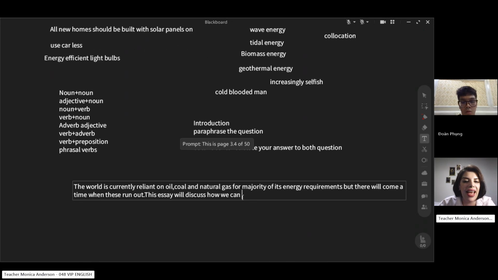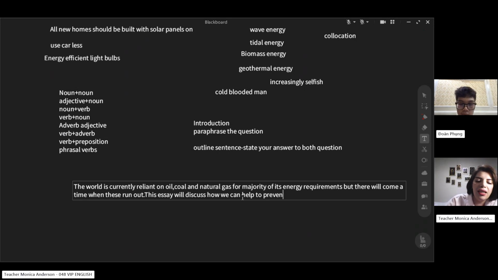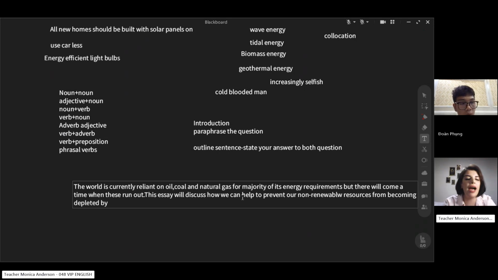Let's paraphrase it again: how we can help to protect our non-renewable resources from becoming depleted by, for example, using our cars less frequently.